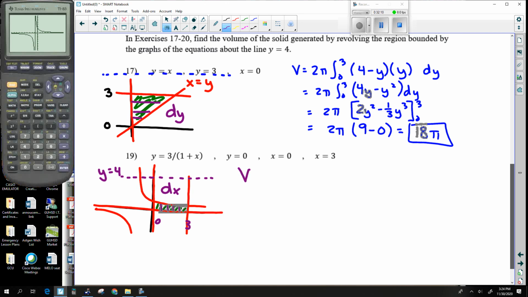So here we go. Volume is going to be equal to pi from 0 to 3 of the big radius, which is 3 times 1 plus x to the -1, squared, dx.